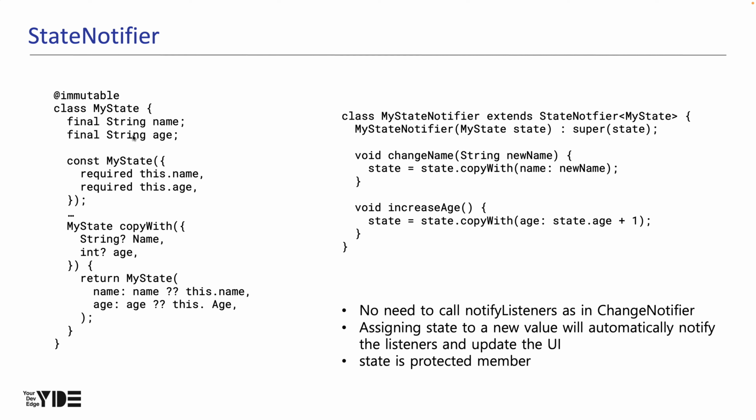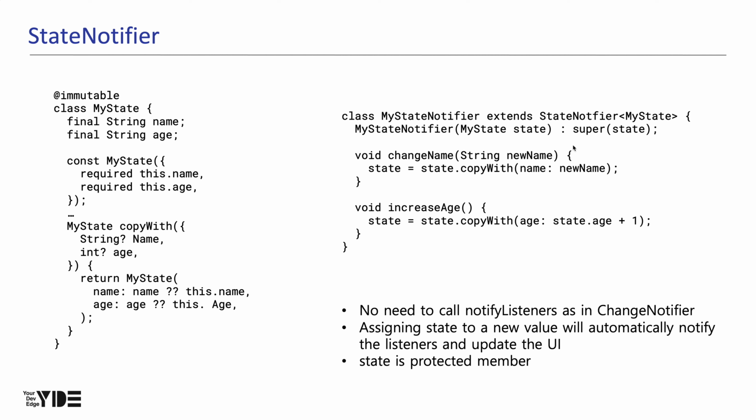An immutable class declares all members final because the values of its members cannot be changed. Since all variables are final, when a new state is needed, a new instance is created, and the copyWith function makes it easy. The copyWith function creates a new state that preserves the existing values for fields not given as arguments.